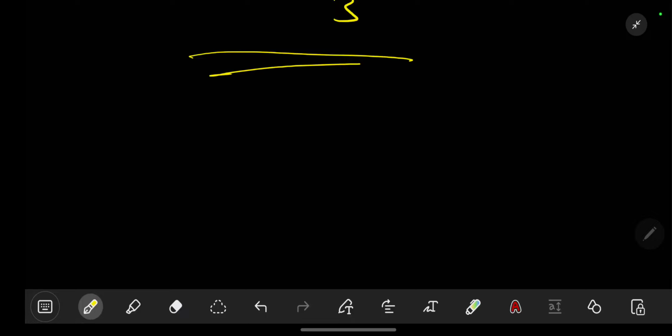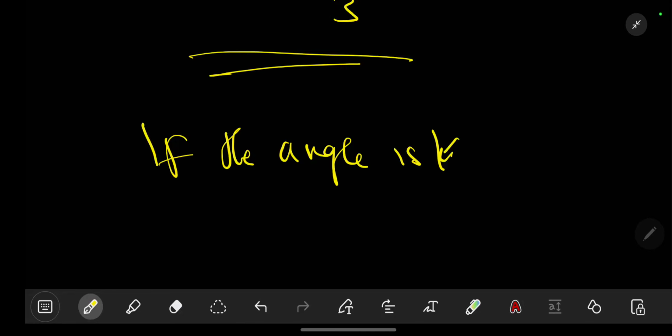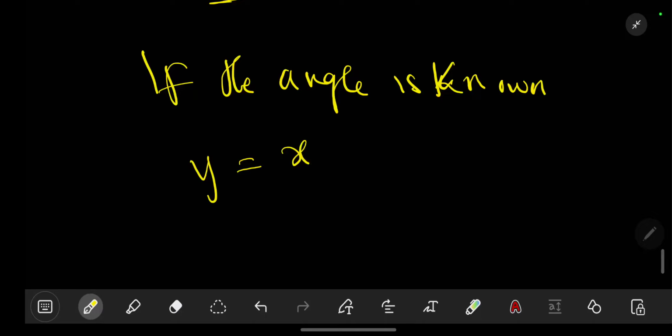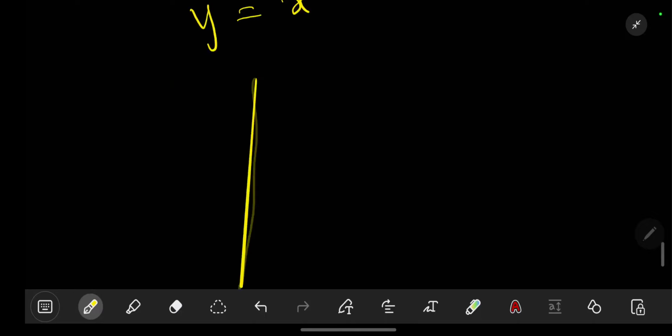There are two ways of finding the gradient. If the angle is known, for example, if you're looking at the equation y is equal to x, which is an equation that looks like this.